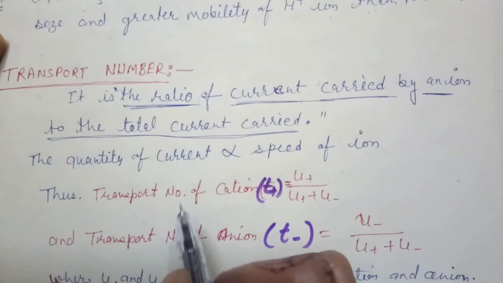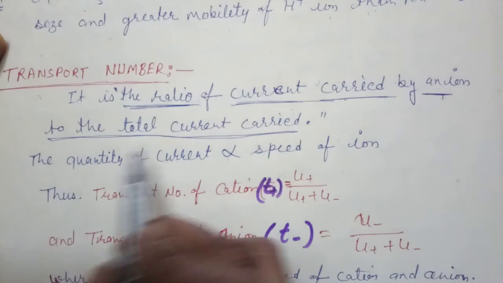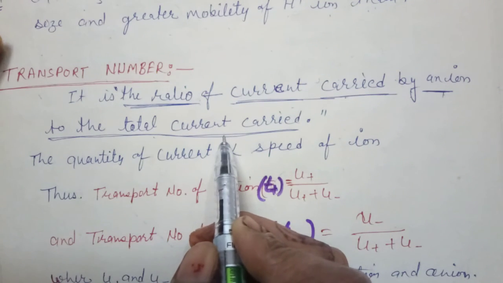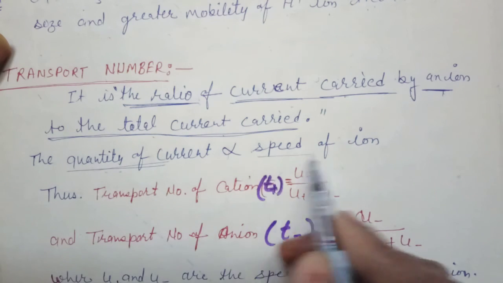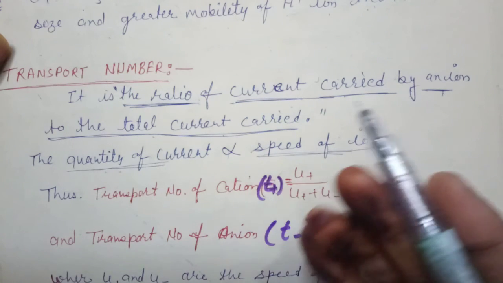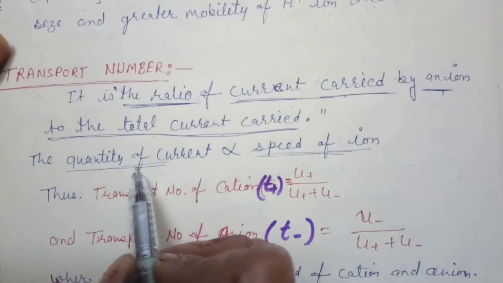Okay, but the quantity of current is directly proportional to the speed of the ion. The more the speed, the more the mobility, the more quantity of current will be carried.